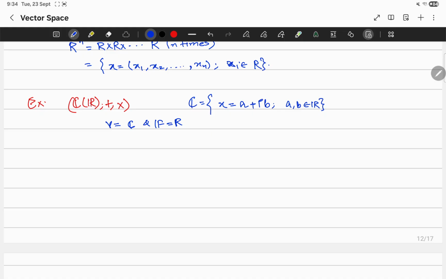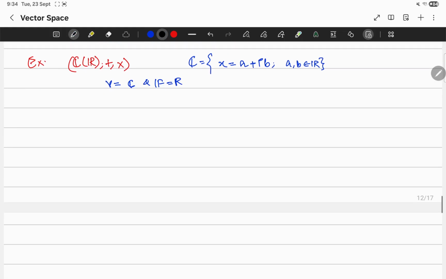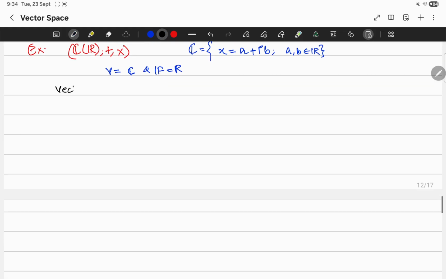Okay, so now let's take the vector addition. In the vector addition, first we have the closure property. Take any two elements from C and add them, x plus y.